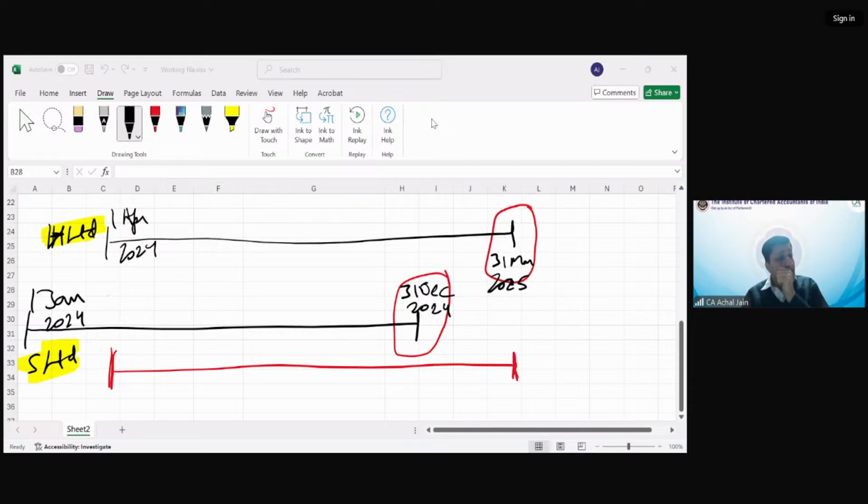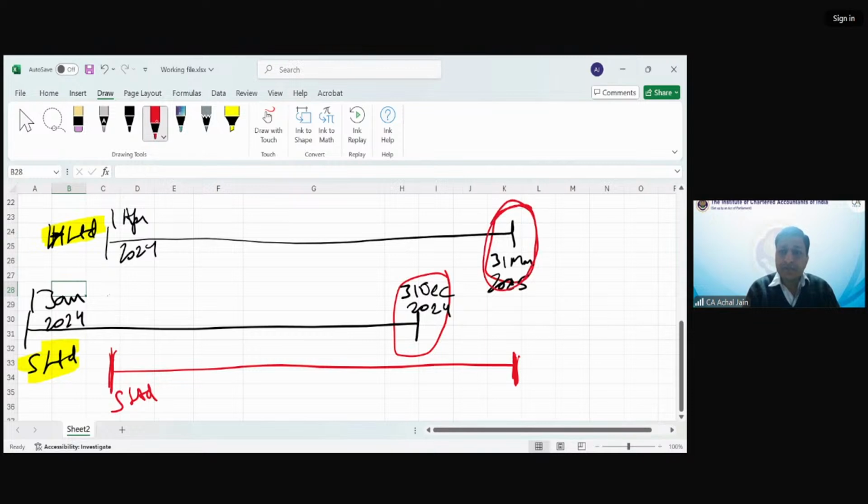The standard says that for the subsidiary, you should try to get the reporting date aligned with the reporting date of the holding company. And how will that be possible? When the subsidiary also produces a set of financial statements for the same reporting year. It may be for consolidation purposes.